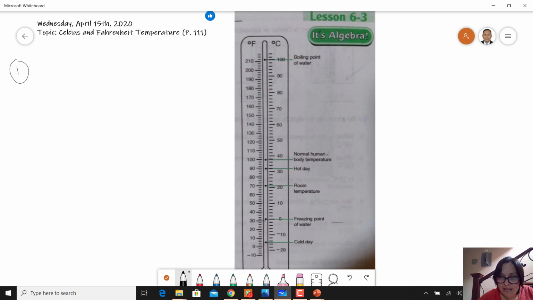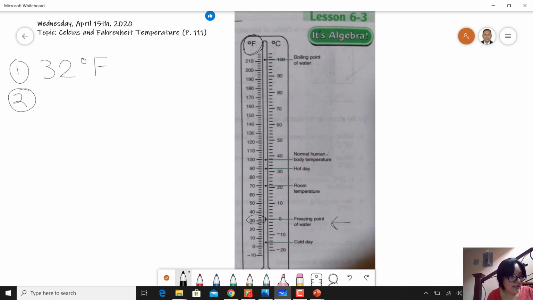Here we have the freezing point of water, so we have to look at the Fahrenheit scale. Look in there. It's at 32. Excellent. 32. But you have to write Fahrenheit degrees.